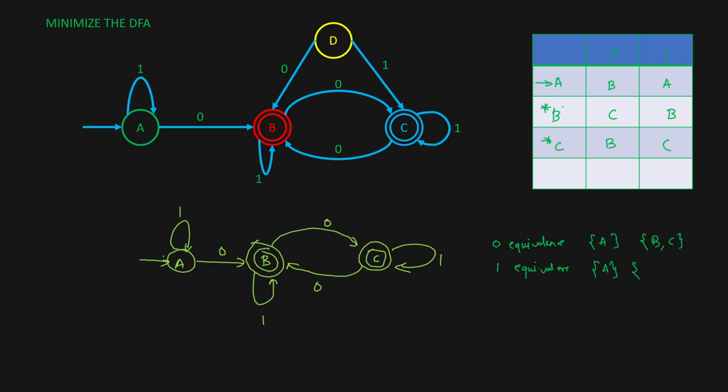Say you get input 1 in state B, you go to state B itself. Is it part of this set? Yes. What if you get input 1 in state C? You go to state C, which is part of the same set. That's why B and C are 1 equivalent. And since we have got 2 back-to-back same equivalences, we'll stop here.